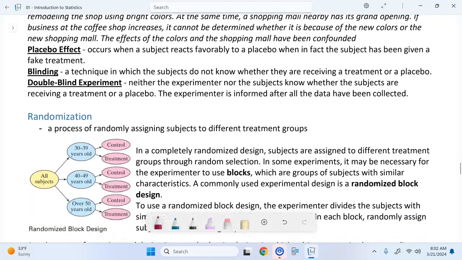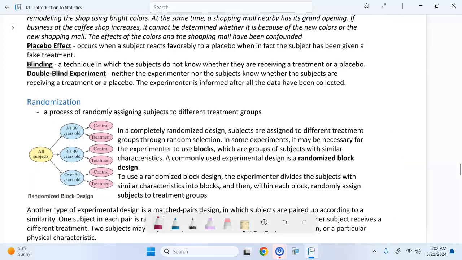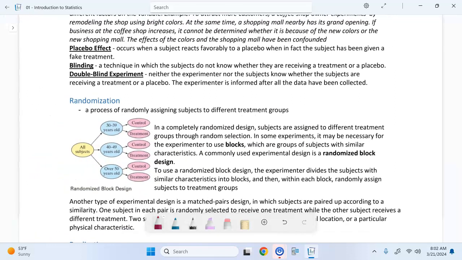The second pillar being randomization. And there's a bunch of different ways to randomize the study. When we're randomizing, we are trying to just mix up the population as much as possible to get a good variety of traits in both the control group and the treatment group.